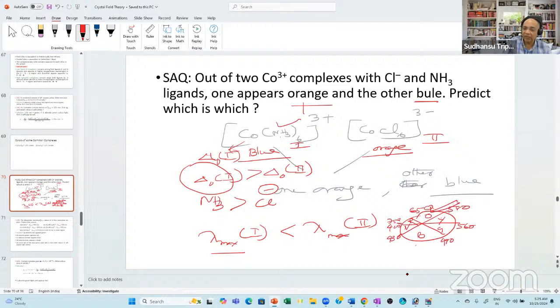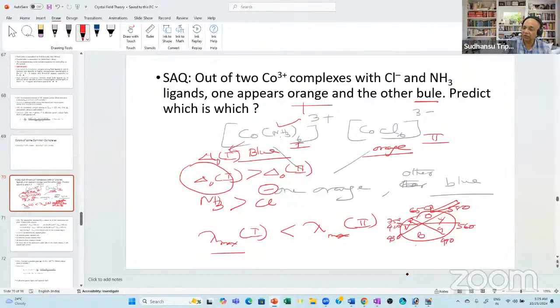So what you answered is found to be incorrect because lambda max is lower for this. Del O is greater means the lambda is smaller. Lambda smaller means they will absorb in the VBG region.